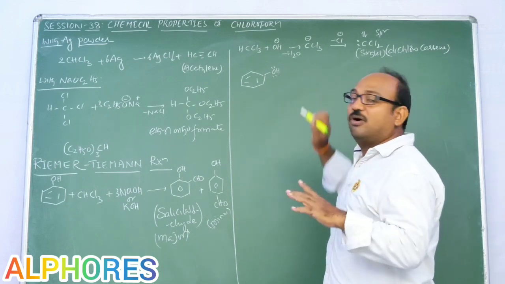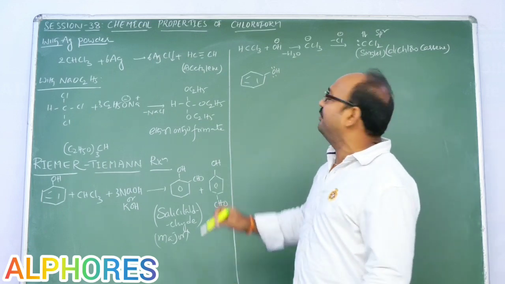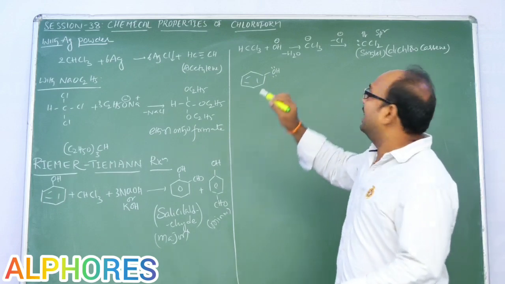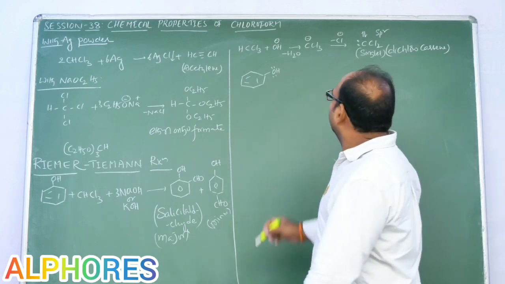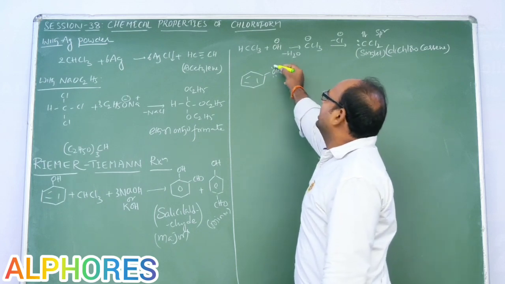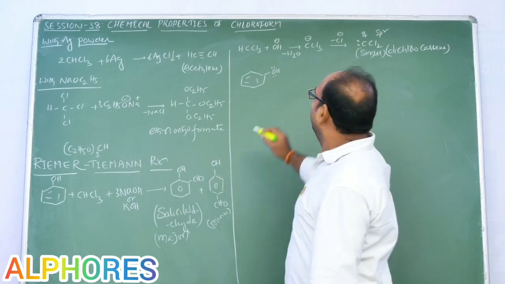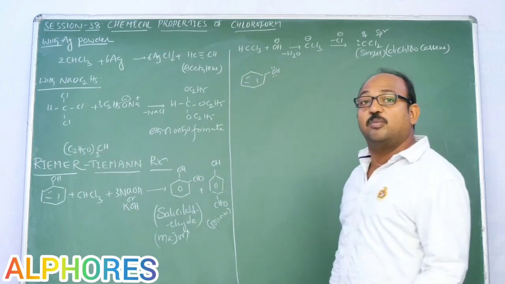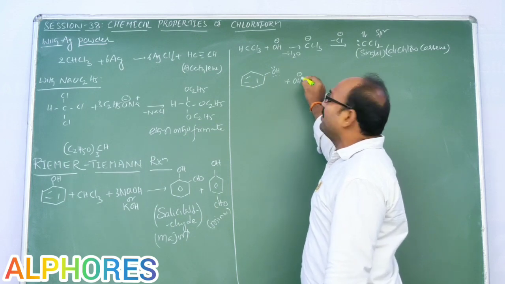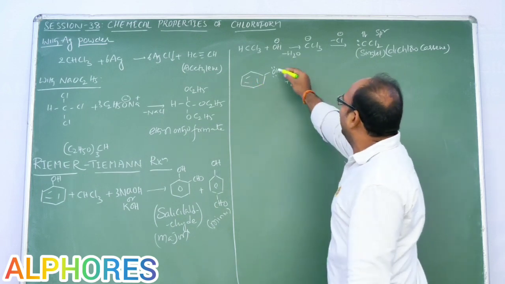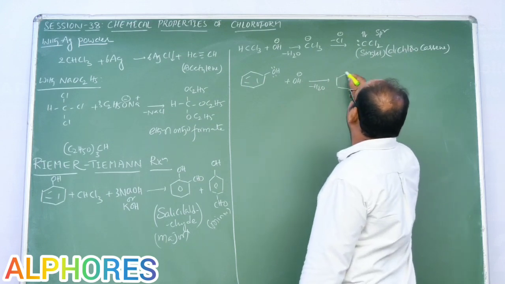But in phenolic oxygen, because its lone pair is involved in delocalization with the ring, it has sp2 character rather than sp3 character. Now, ultimately, because of the delocalization of the lone pair from oxygen to the ring, the hydrogen on oxygen is more acidic. Hence, under the influence of base, it abstracts the proton and comes out as phenoxide ion.